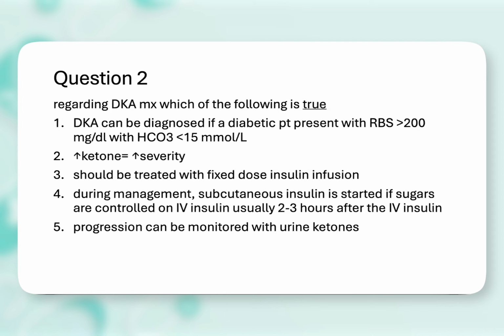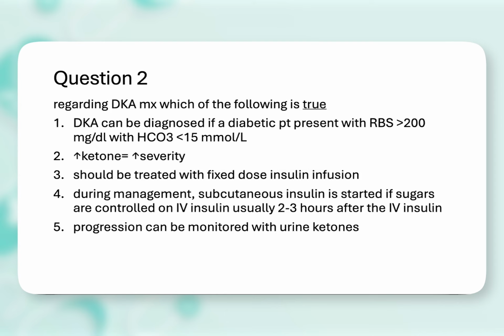So that determines the severity, not the ketones alone. Option 3, it should be treated with fixed dose insulin infusion, is correct, because whenever a patient with DKA comes, you start with 0.1 units per kg of insulin stat, followed by 0.1 units per kg per hour infusion. So it's a fixed dose, right? It's not a typical ICU patient where you manage according to the sugar requirements, dividing by 100 or 150 and running the infusion. So in this case, it is true.